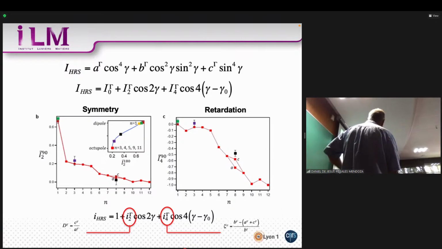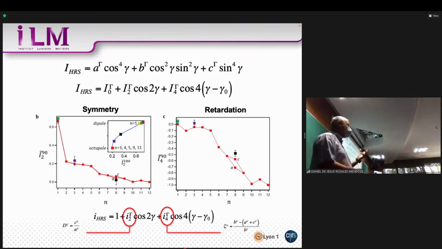I've used again these two: this one is related to the D coefficient, this one to the zeta one. So we have the symmetry, the shape, and here we have retardation. So with these two numbers we have a way to fully characterize our particles in shape and size.